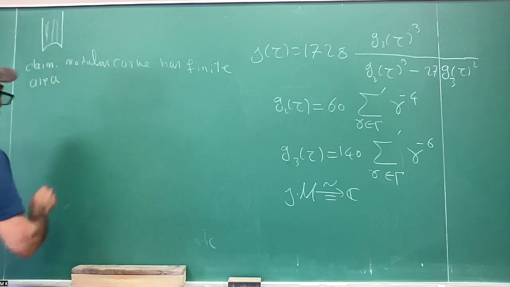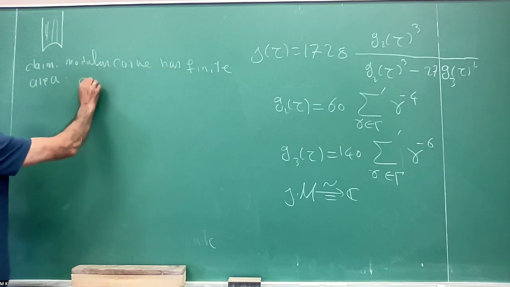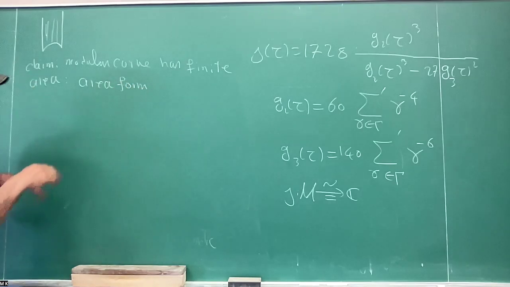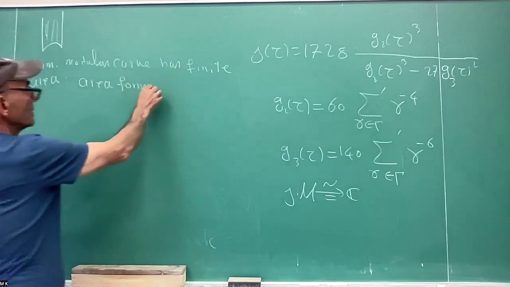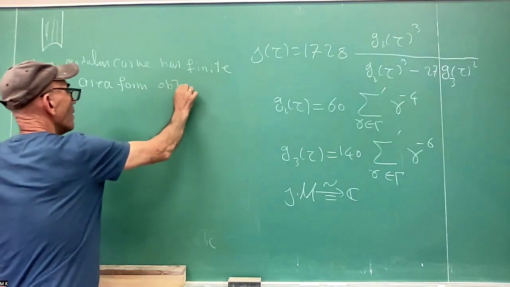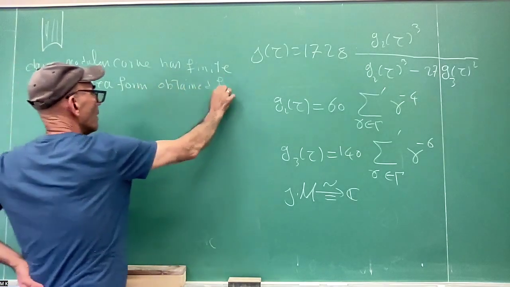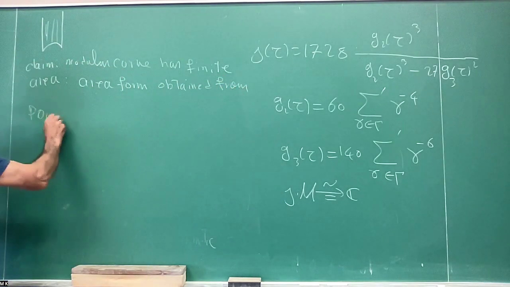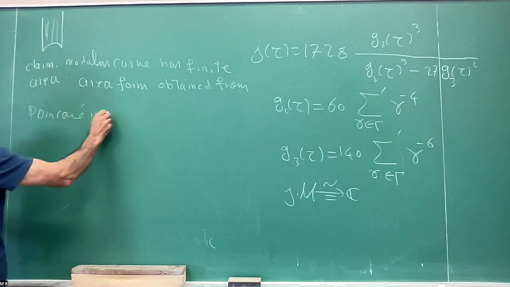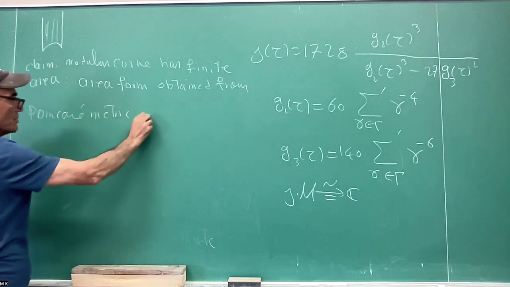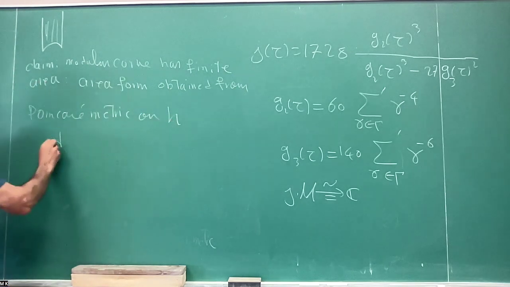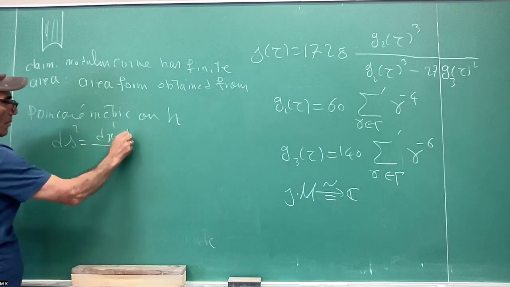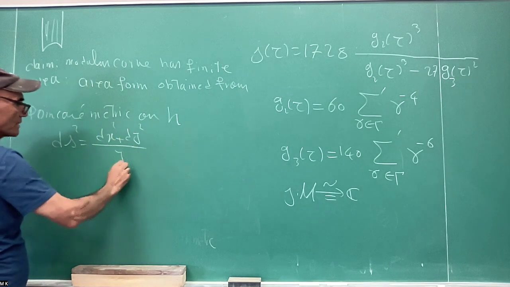I mean, the area form is obtained from a Riemannian metric, the Poincare metric on H, which is ds squared equal to dx squared plus dy squared over y squared.